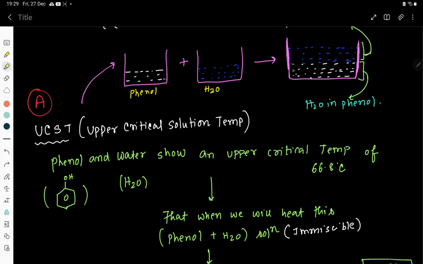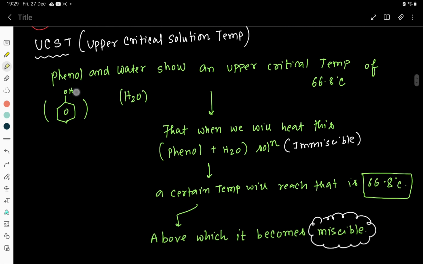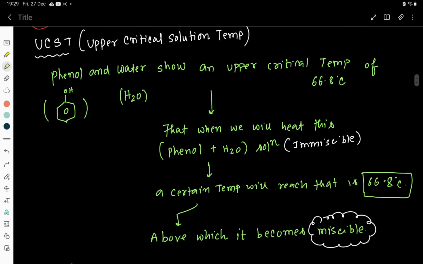That is, when we heat this phenol plus water solution, which is actually immiscible, or you can say partially miscible, after heating it to a certain temperature, that is 66.8 degrees Celsius or above, we can see the solution becomes completely miscible, and this temperature is known as UCST.